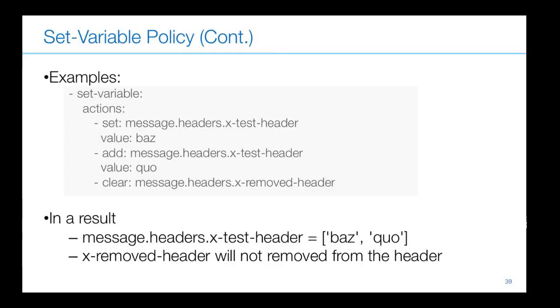And the last action is clear: message.headers.x-remove-header. So this header will be removed from the header in the response. If you got the header from the backend, you can delete it in the set variable policy.